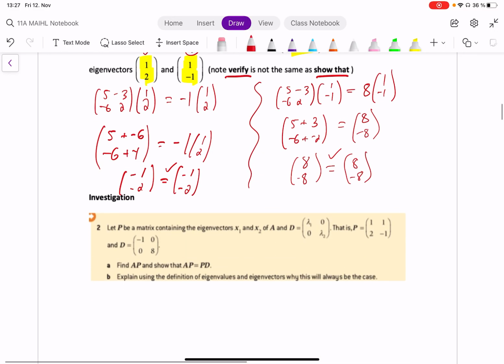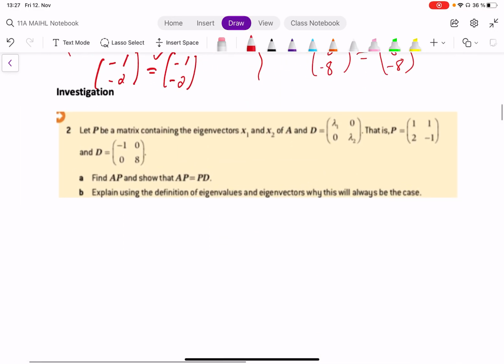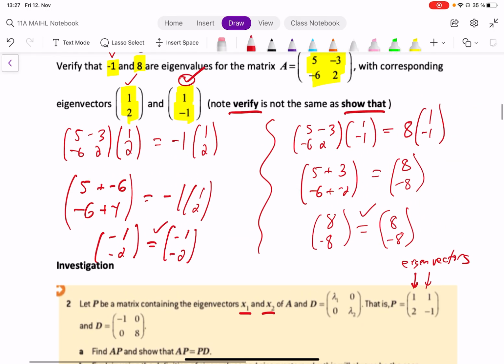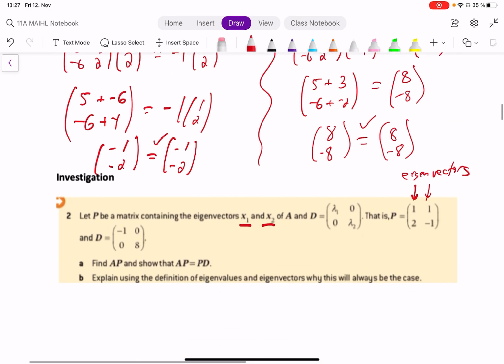So we're going to use that in this investigation down here. And so in the first part, it says, let P be a matrix containing the eigenvectors x1 and x2. Right, so P is a matrix made up of the eigenvectors, and we can see that they're the same as the ones above, (1, 2) and (1, -1).